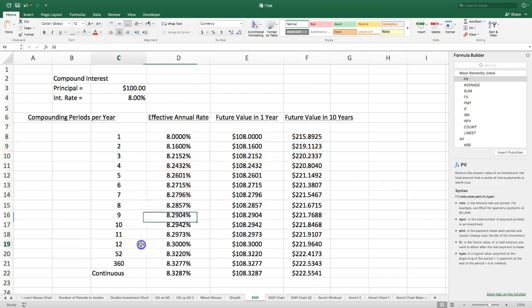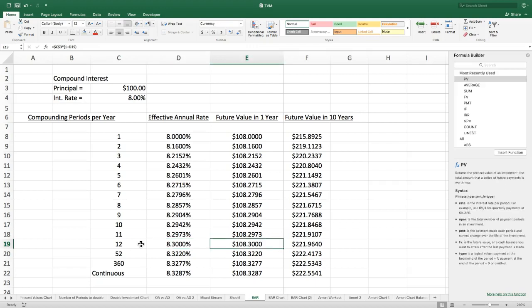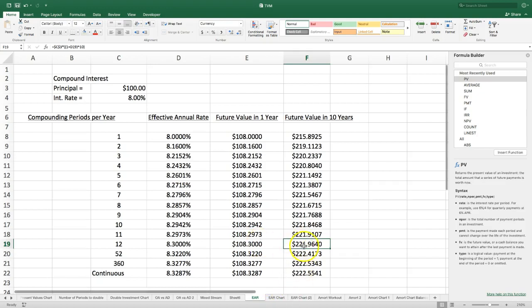If we had monthly compounding, 12 compounding periods per year, the effective annual rate is 8.3%. And after 1 year, we would have $108.30. Not much difference than if we had annual compounding of 108. However, if we look after 10 years, the future value at 8% annual rate compounded on a monthly basis is about $222 versus about $216.